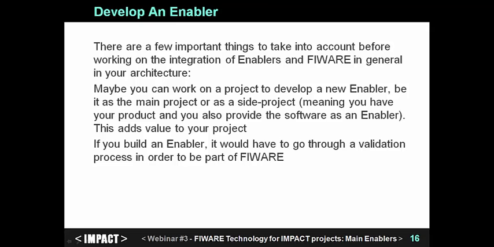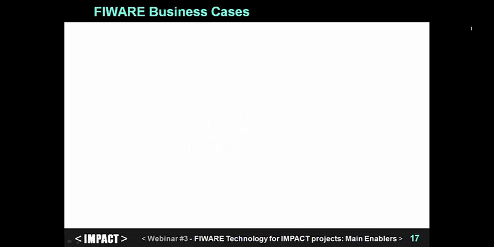You can't just begin the development of an enabler from scratch, because if it doesn't use FIWARE, it's not eligible for impact acceleration. Well, not just for impact, in fact, but this would apply to any of the accelerators in FI-PPP.